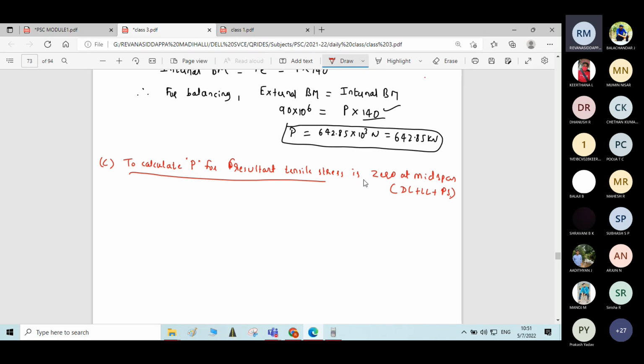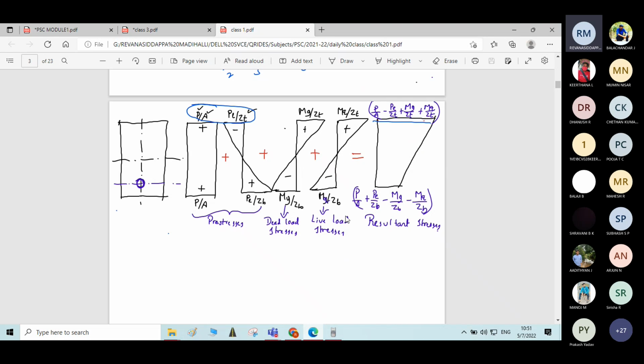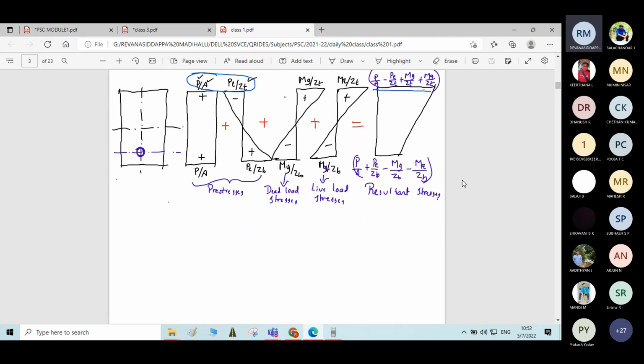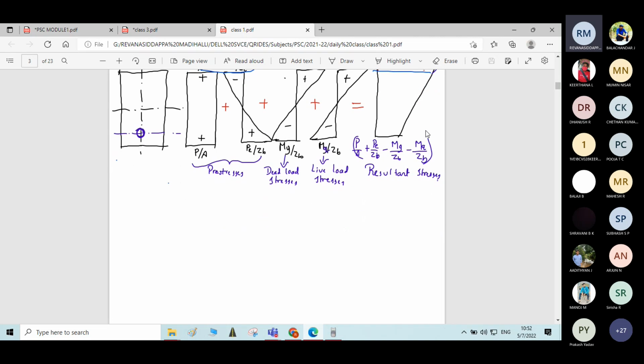We already know the formula for calculating resultant stress due to all these combinations. Here we have resultant tensile stress. Tensile stress means this formula, bottom fiber. That is P by A.